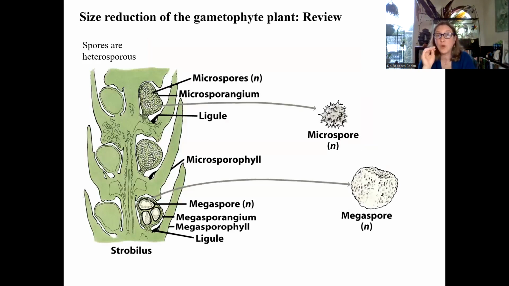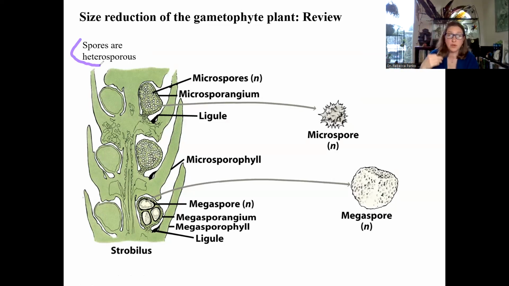Here we go. Once we get to Selaginella, that's our first example in this course of encountering this idea of heterosporous plants. If you're a heterosporous sporophyte plant, that means you can produce two types, or hetero, which means different, sporous, which means spores.